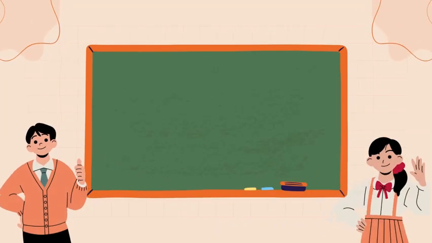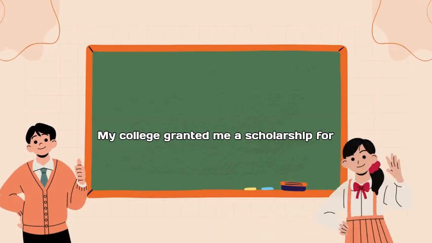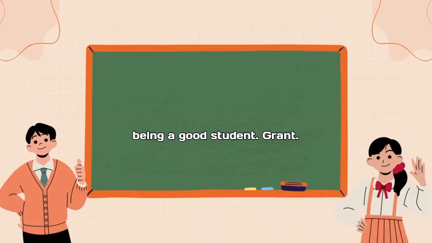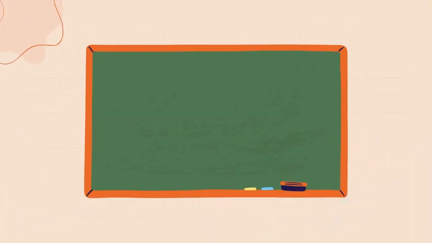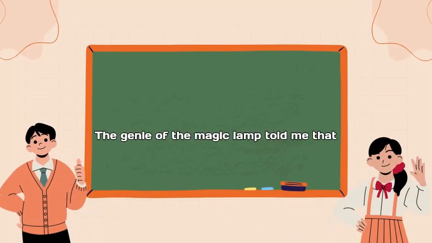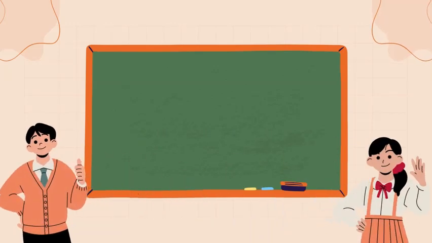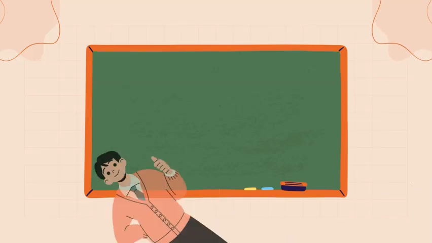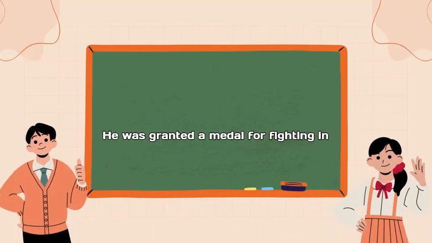Grant. My college granted me a scholarship for being a good student. Grant. The genie of the magic lamp told me that he will grant me 3 wishes. Grant. He was granted a medal for fighting in the war.